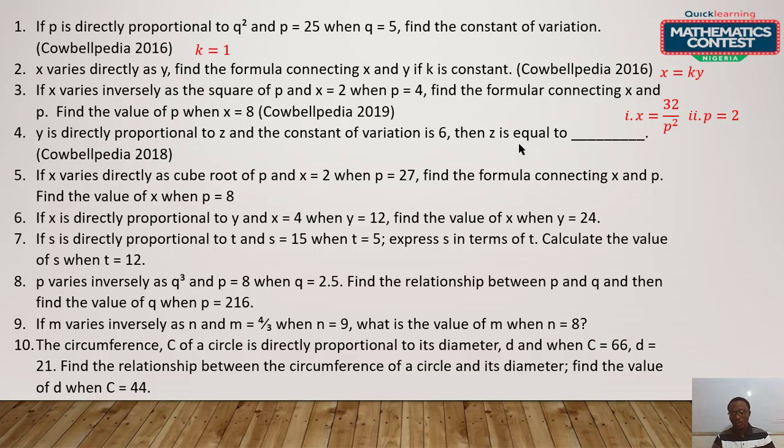Question number 4. Y is directly proportional to z, and the constant of variation is 6. Then z is equal to what? What will be your answer? You have 60 seconds to solve this problem.